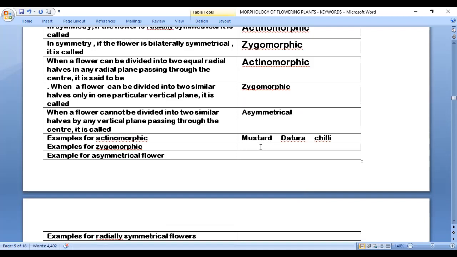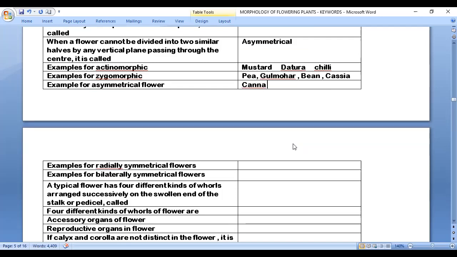Examples for zygomorphic: pea, gulmohar, bean, and cassia. Example for asymmetrical flower: canna.